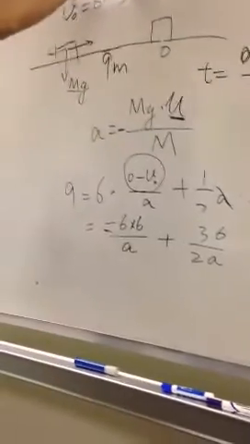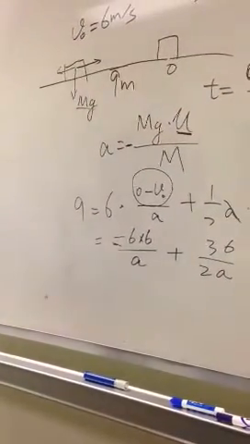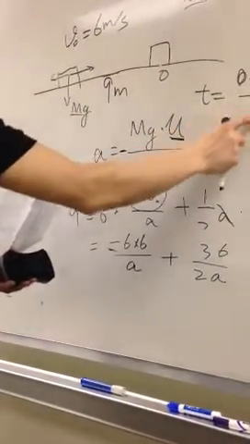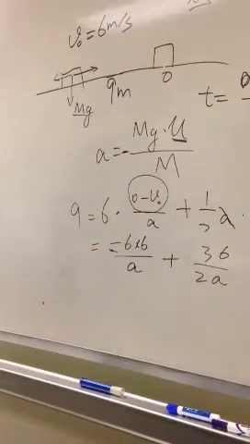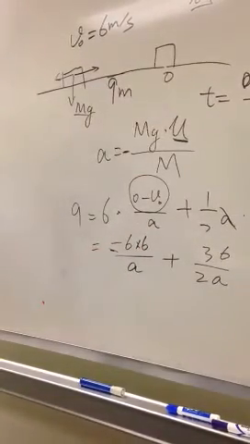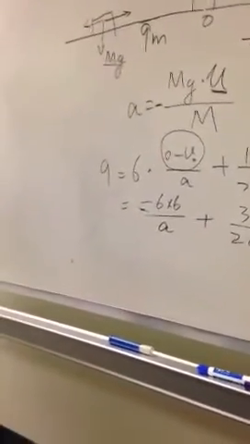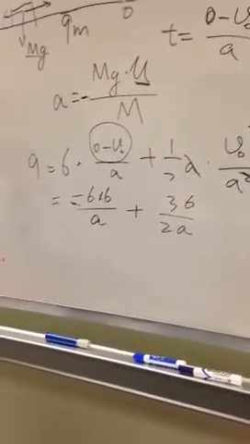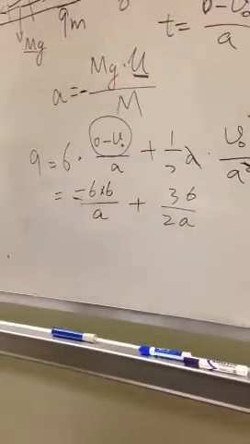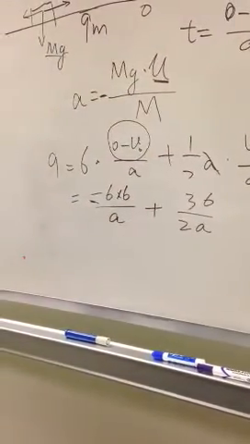Velocity times the time. But the time we use velocity and a to calculate the time. Oh, you just wrote it on the same thing. Okay. Yeah, but actually this velocity is from the time. No?